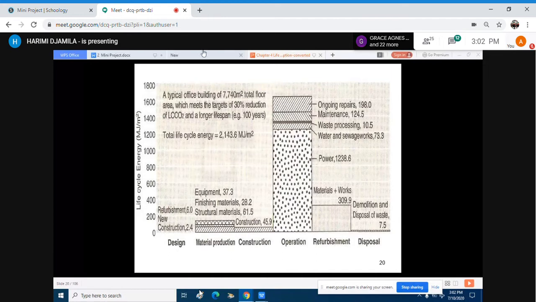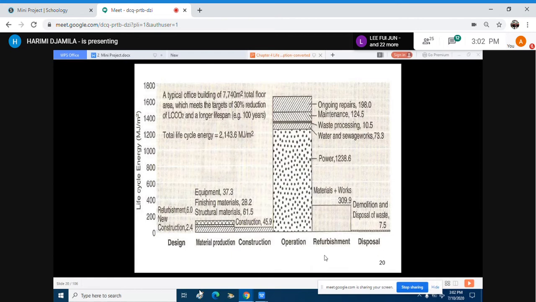Here you observe the design stage, material production, and the construction part, how the cycle energy, the amount of energy used. You see the operational stage, can you see how big it is? You see the power at the end, electricity, mostly consumed at the operational stage.